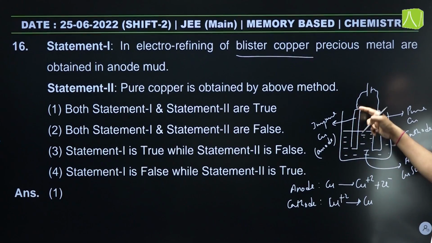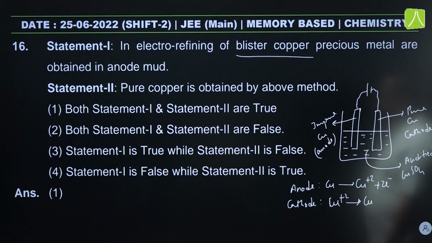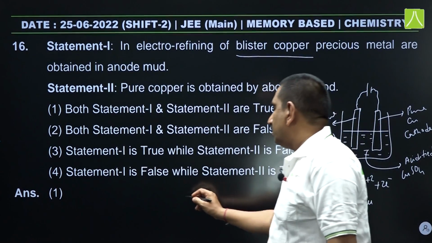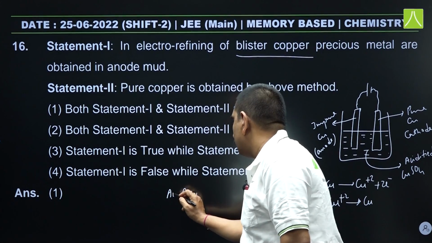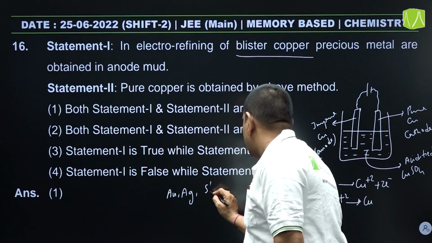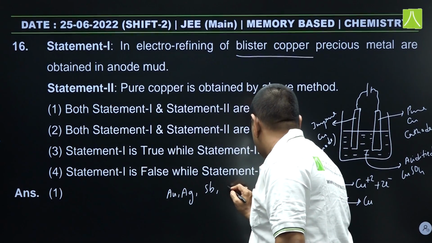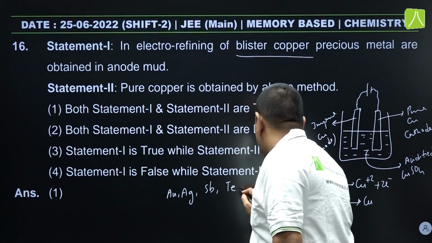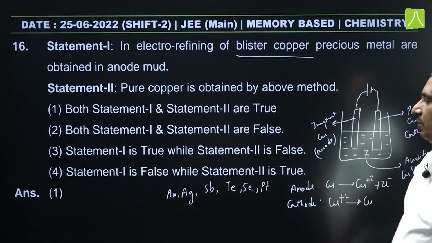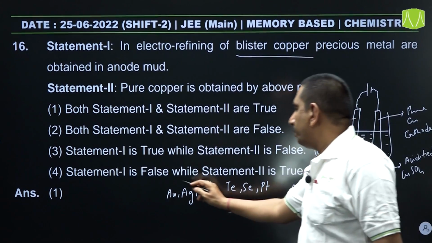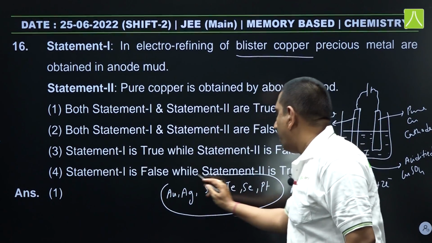Now, the anode mud contains the impurities, and in those impurities there are silver, gold, antimony, tellurium, selenium, and platinum. These metals are present in the anode mud.